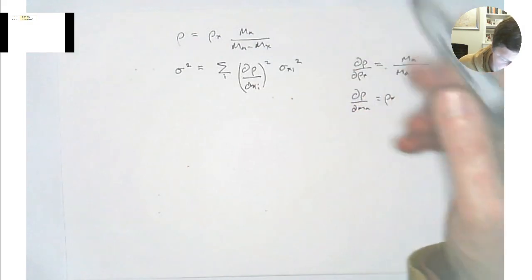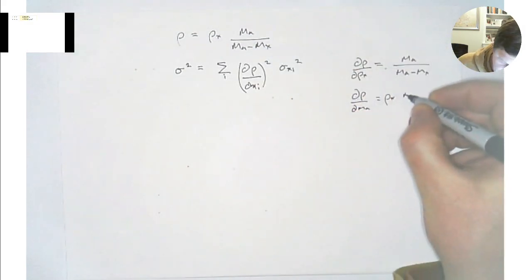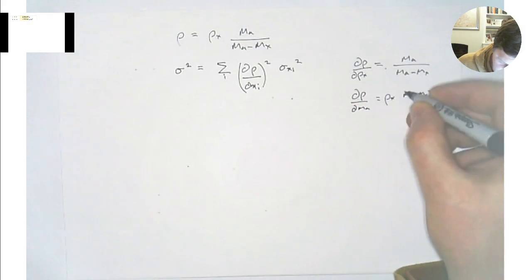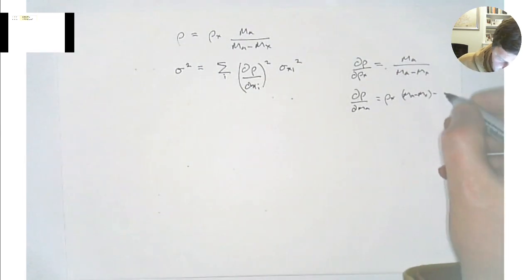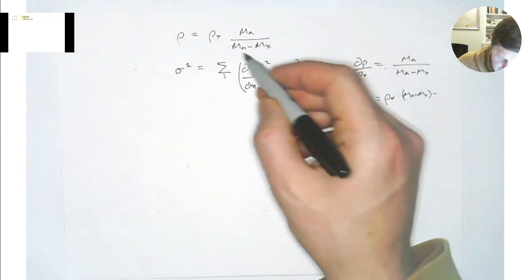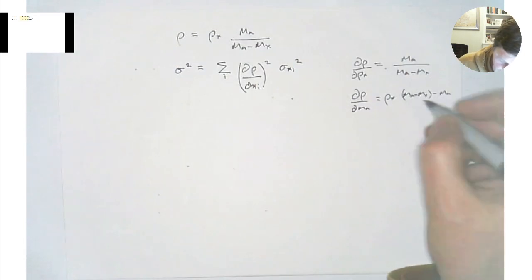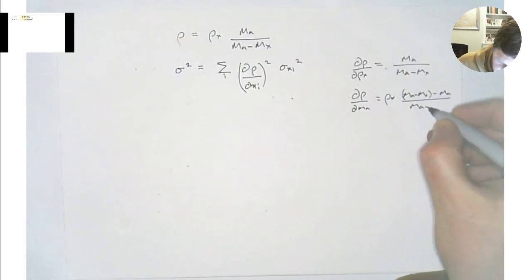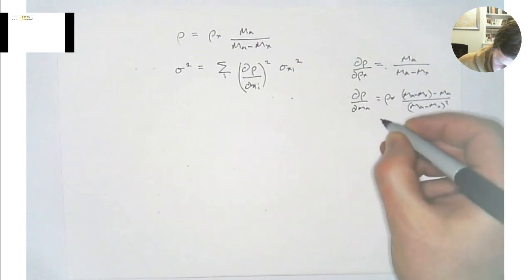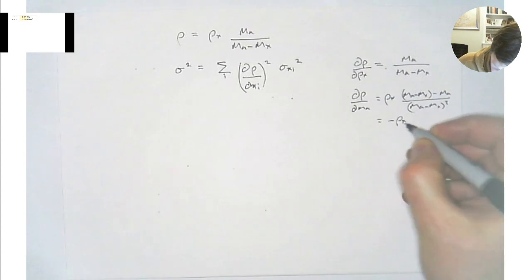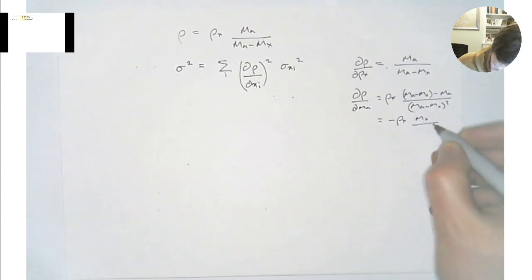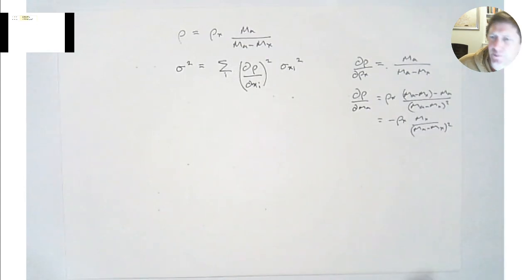I could say u over v, so it's v du minus u dv over v squared. That's ma, differentiate that, is equal to 1, so it's minus ma over v squared. And that can be simplified a bit. We've got that ma minus ma, so it's minus rho x mx over ma minus mx squared. So that's the term for that one.